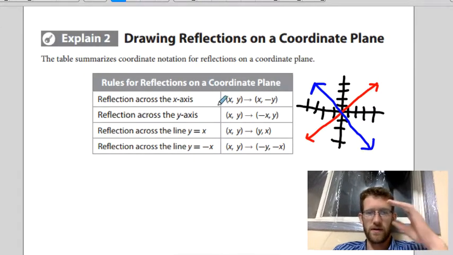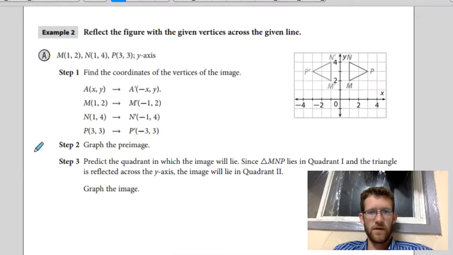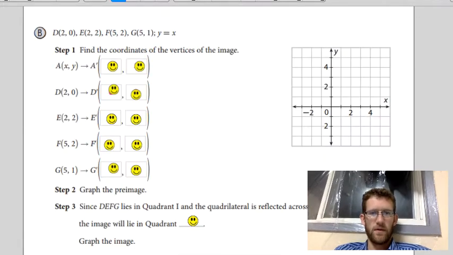I'll give you this chart on any tests, so you don't have to memorize this, but you do have to know how to use it. So we look here, what's the rule of reflection for the y-axis? In this case, we simply make the x values negative. So we can take all our points, we make the x values negative, and then we graph them again. And it should turn out pretty good. Go ahead and do this one.